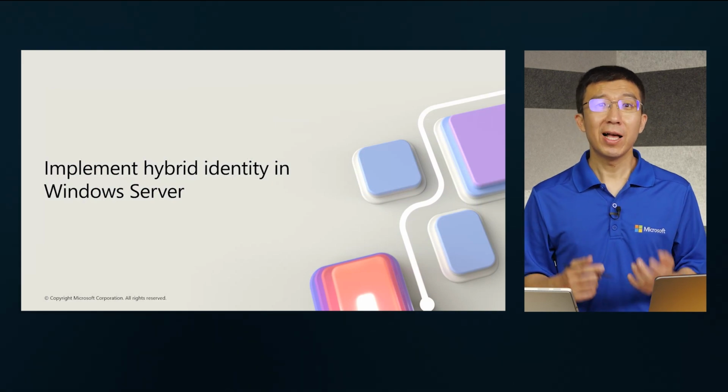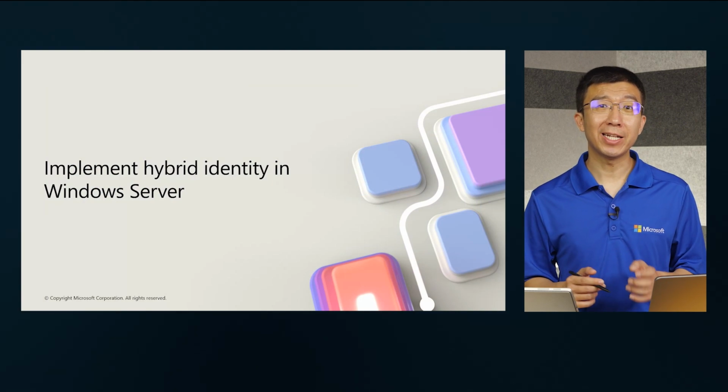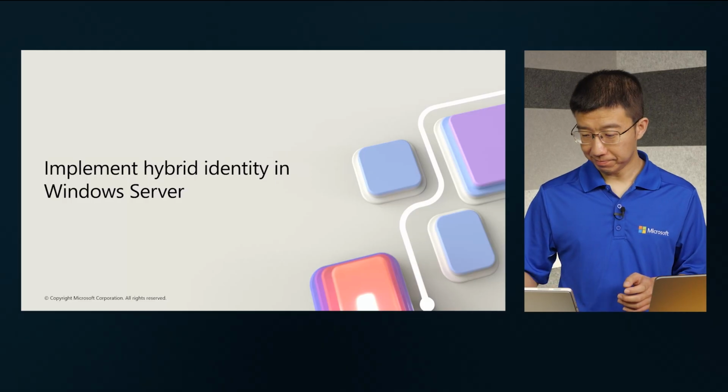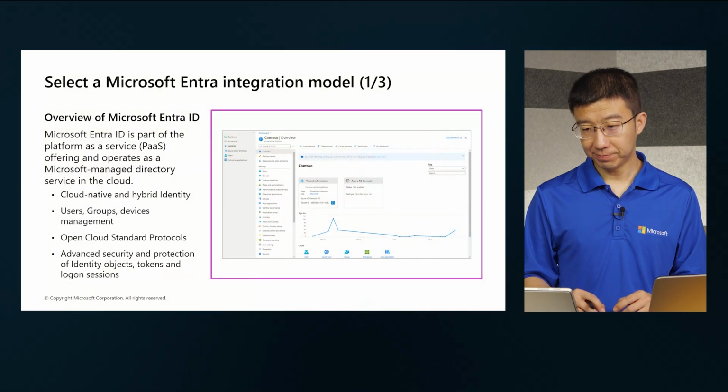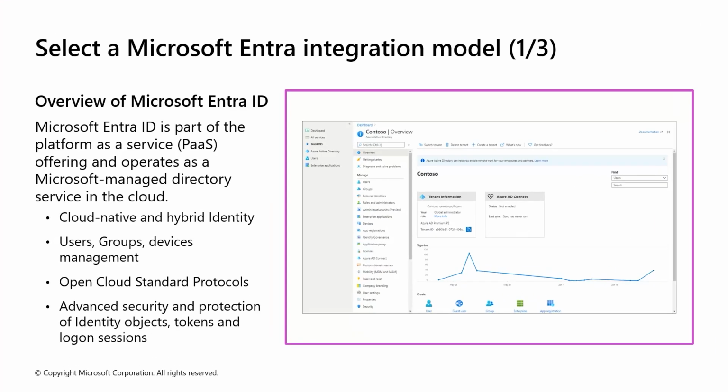First, let's learn how to implement hybrid identity in Windows Server. Microsoft Entra ID is a cloud-based directory service, part of Microsoft's Platform as a Service offerings. It's designed for cloud-native and hybrid identity scenarios, allowing you to manage users, groups, and devices using open cloud protocols.